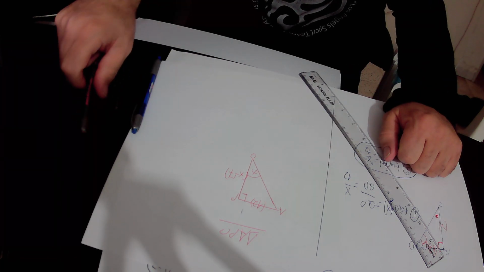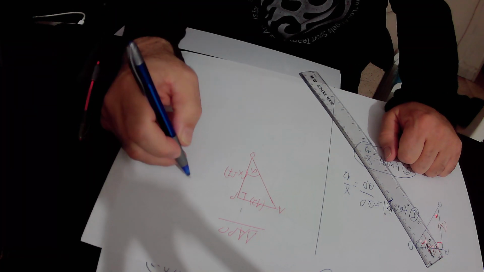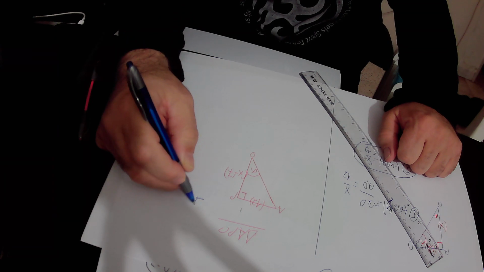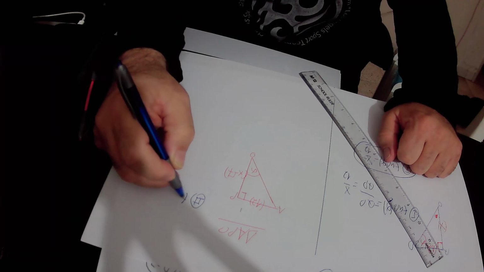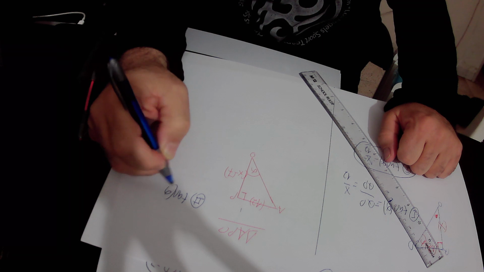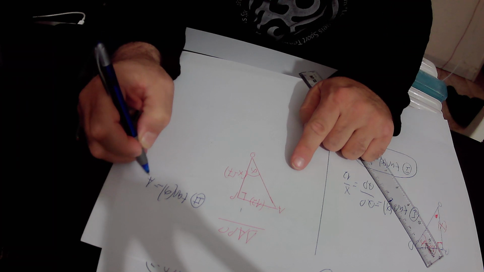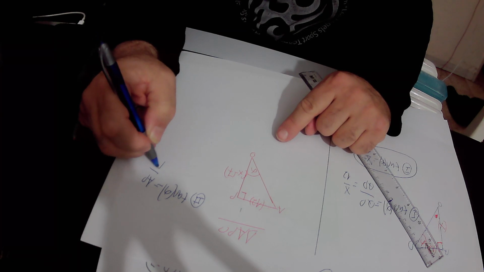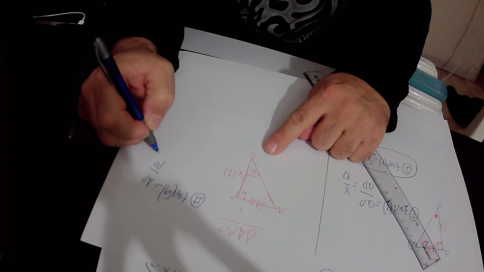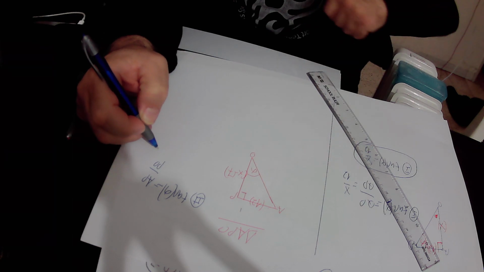So in this triangle APO, we get that tangent alpha equals AP over PO.